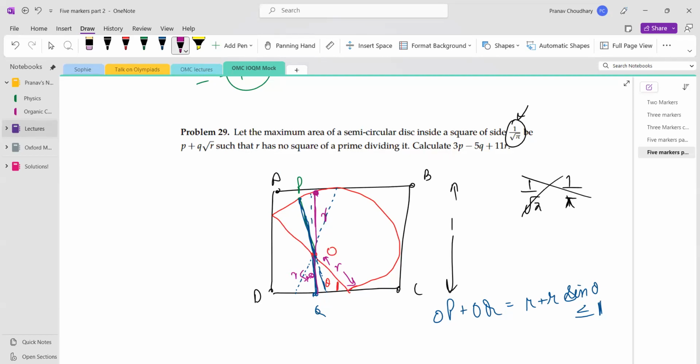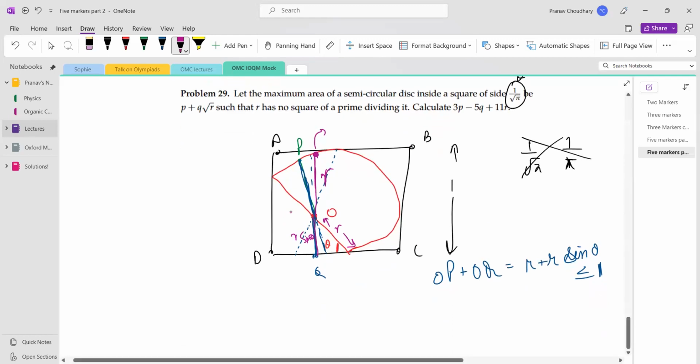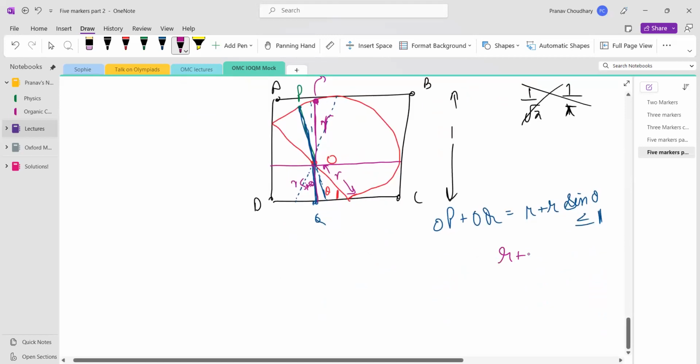And if this total distance R plus R sine theta is greater than or equal to 1, then this point will be outside of the square, which is not good. So this is one condition. And similarly, we can do it in this direction as well to get that R plus R cosine theta is less than or equal to 1.